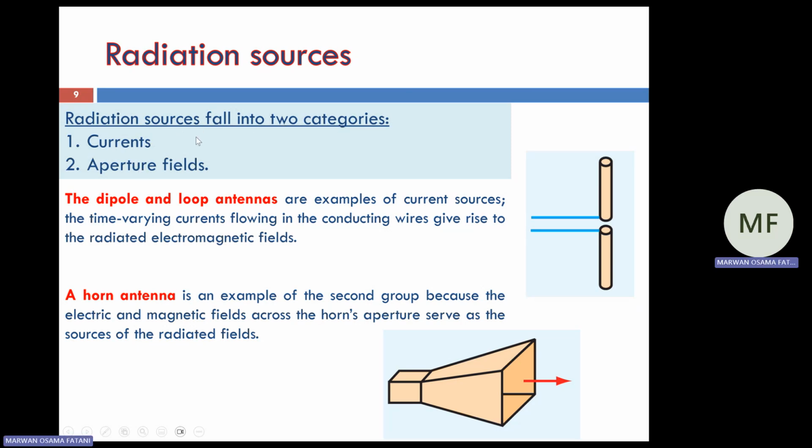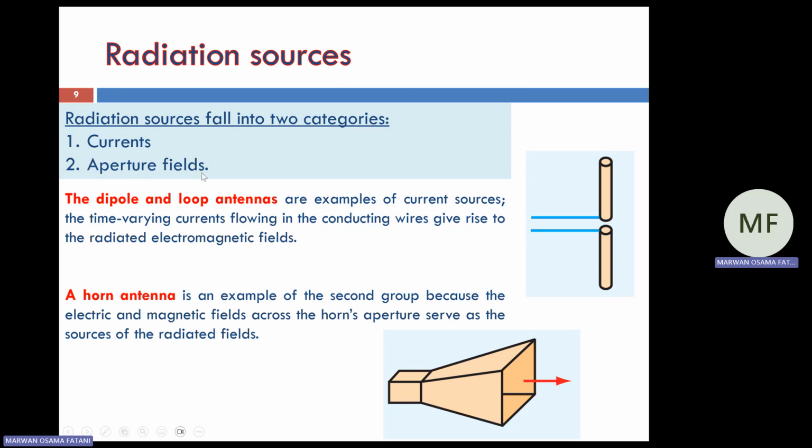What is meant by currents is things like dipole antennas, which we are going to explain in a couple of moments. They are basically time-varying currents flowing along conducting wires, which give rise to radiated electromagnetic fields. It's like vibrating a string to produce sound. That's an analogy for it.